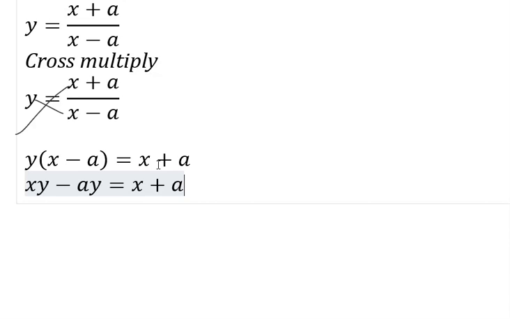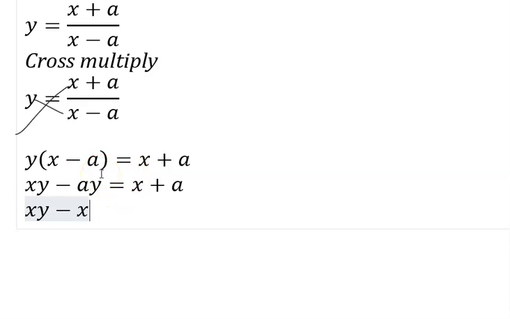Now with this, we have x here, xy here, we have x. So let's collect like terms, those that look alike. This xy, we have x here, this ay, we have a here. Those that look alike, let's bring them together. But make sure while crossing them across the equality sign, their sign will change. So here we have xy here already. If this x, because it's addition that is here, crosses this equality sign, it will change to subtraction.